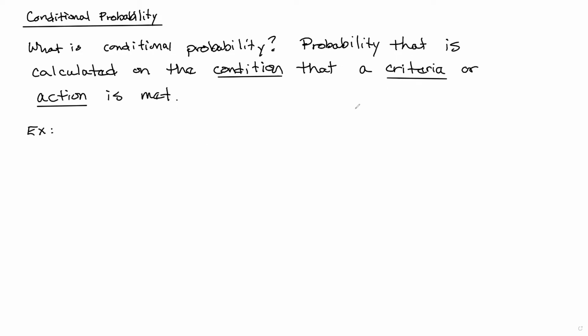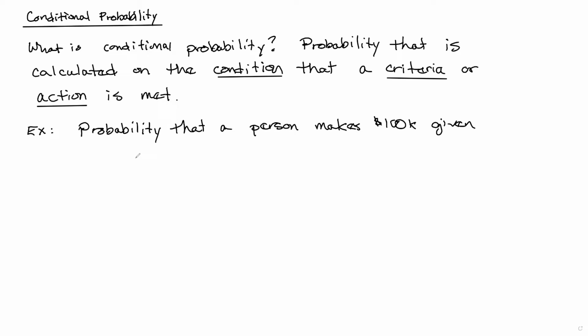When it comes to a criteria or a characteristic type of conditional probability, we're talking about something like the probability that you make a certain income based upon having a college education. So it'd be something like the probability that a person makes, let's say $100,000, we'll just pick some level, given that they have a college education.